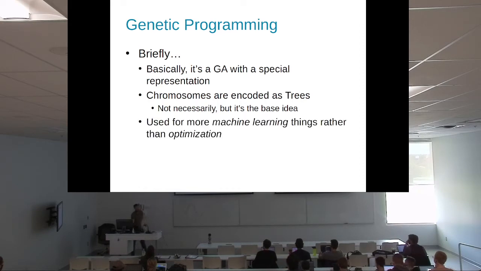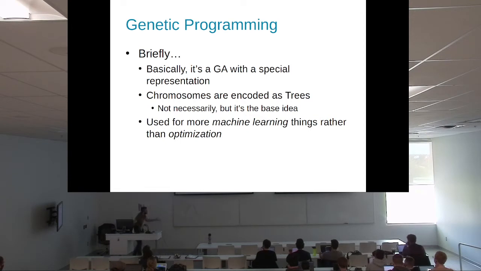And this really isn't that true of a statement, especially because sometimes you're really splitting hairs between what's machine learning versus AI; there's a fuzzy boundary. It's not that GP is the machine learning version of evolutionary computation, because you could use a GA for machine learning too.